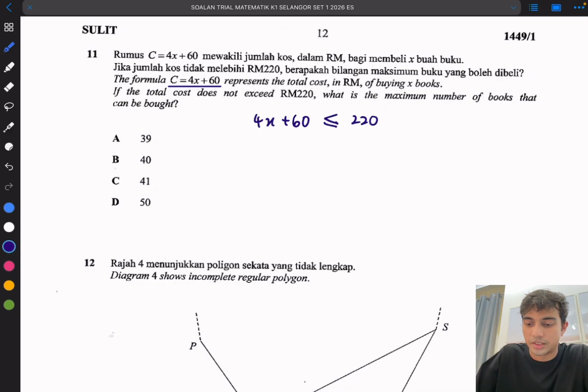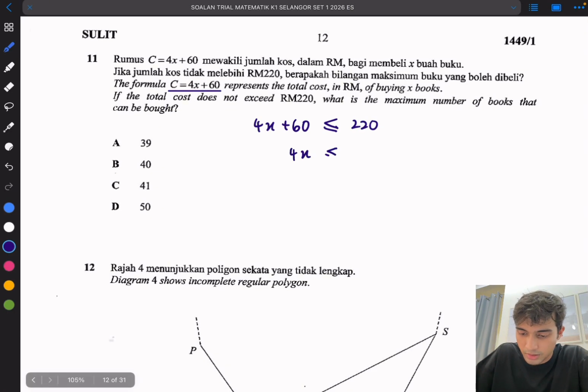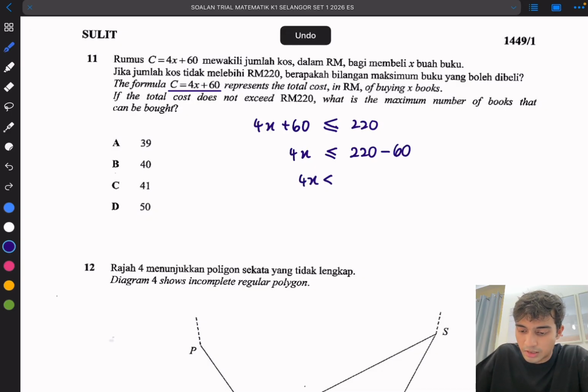So we can say like this: less than or equal to 220. Then we make X the subject. 220 minus 60 is 160. So X is 160 over 4. X is less than or equal to 40.